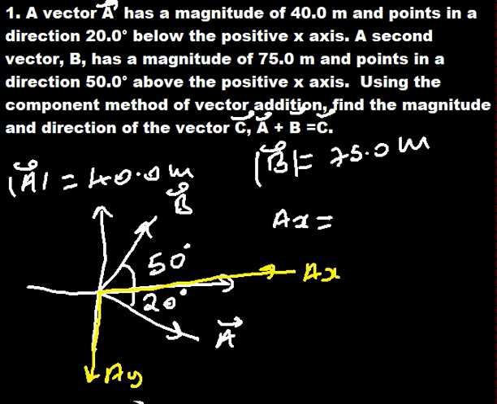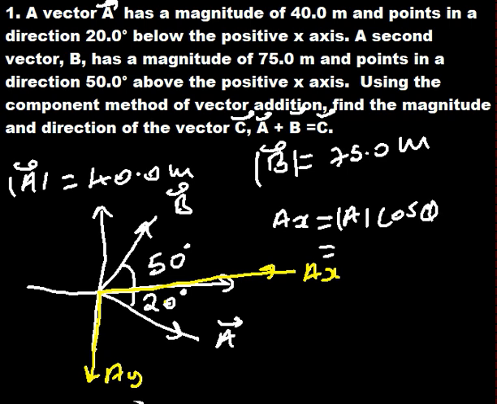In this case the angle is against the x-axis. It means that ax is the magnitude of vector A times the cos of the angle theta, which is 20 degrees.